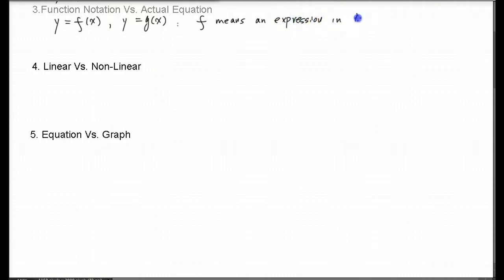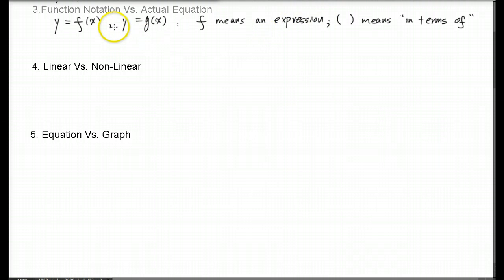Let me make it clear. f means an expression, and the bracket means "in terms of."